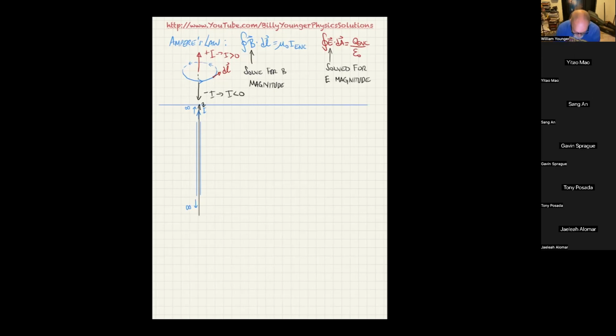I'm going to now take and say the y-axis points to the right, like this. And I'm going to say the x-axis, whoa, no, the x-axis points out of the page. So this is our x-axis, this is our y-axis, and that's our z-axis.